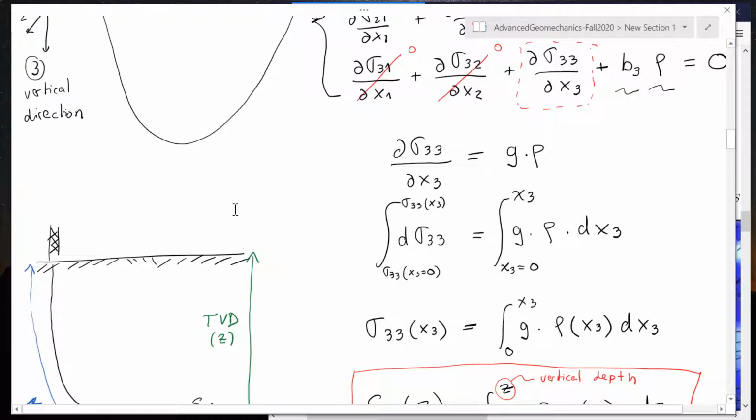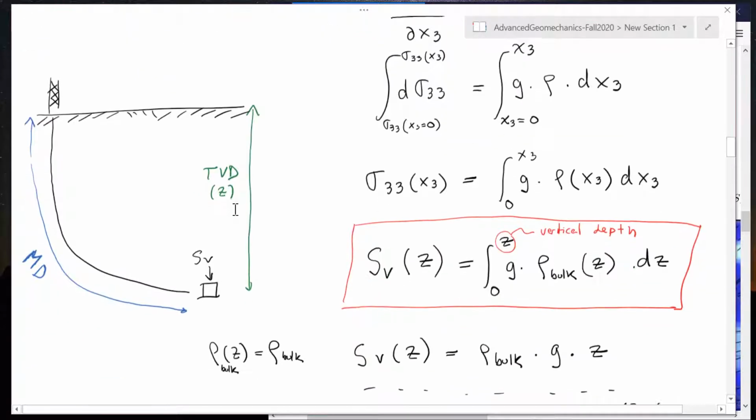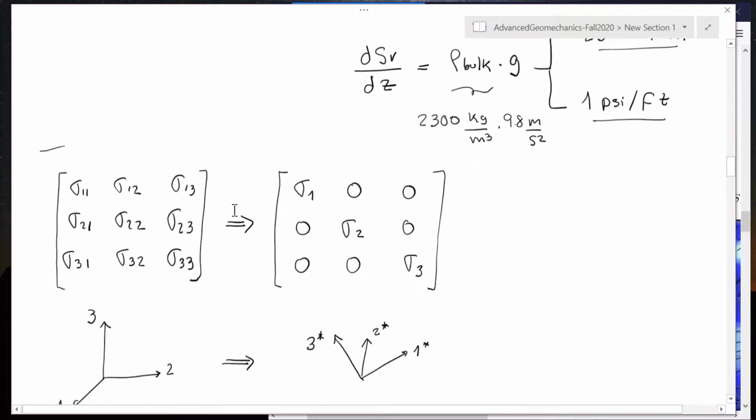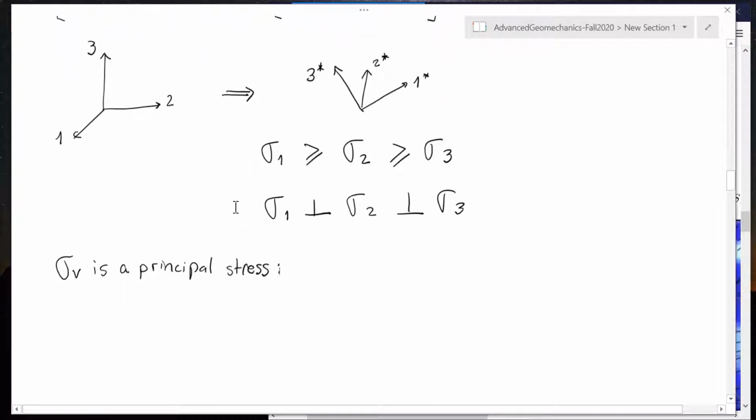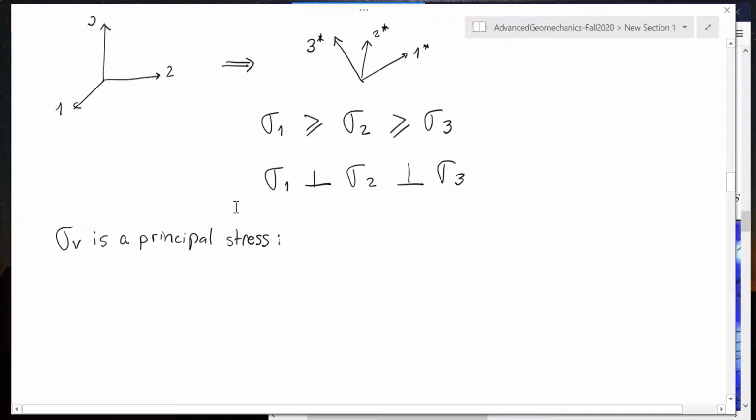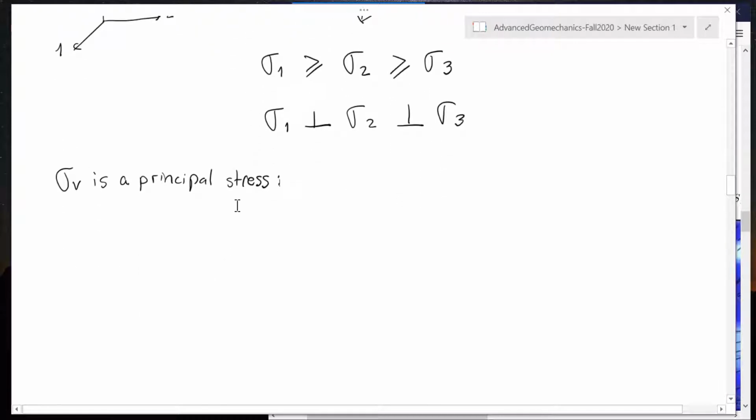But sometimes this is not the case, and we're going to see that later on. And it's very important to know that in some cases, your vertical stress may not be a principal stress.